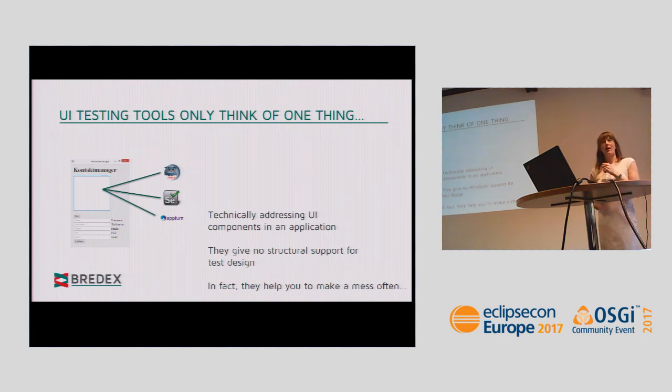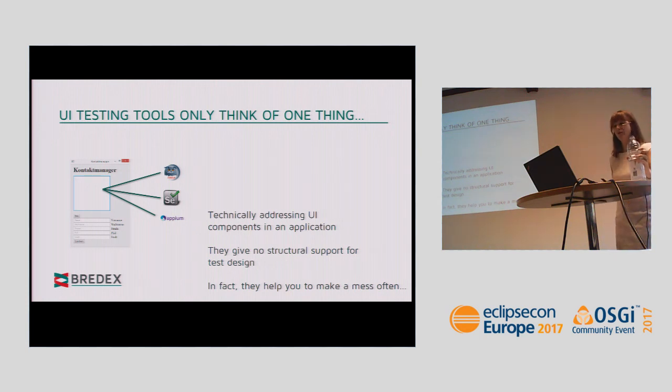What happens if it's on Mac? Usually everything's different. What happens if it's an infinite list? So those are the things that development teams for UI testing frameworks are dealing with all of the time. How in the heck are we going to make this testable? Or how in the heck are we going to make this executable via our tool? So they have absolutely no support for test design.